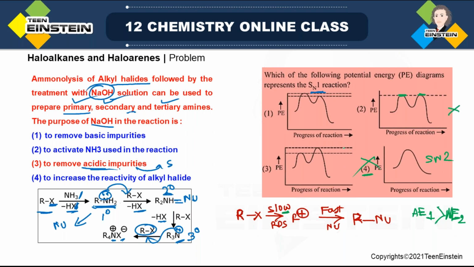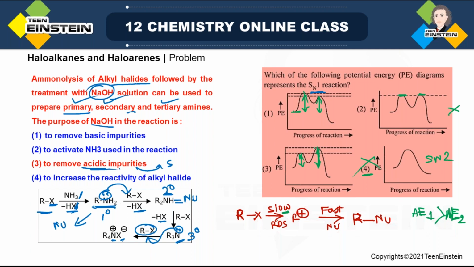Now among 1 and 2, what is the difference? For the first one, if you look at this difference and this difference, obviously the first one is high. But if you look at option 3, now the activation energy for the first step and the activation energy for the second step, obviously the second one is high.